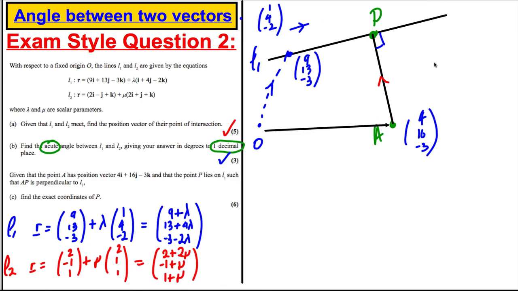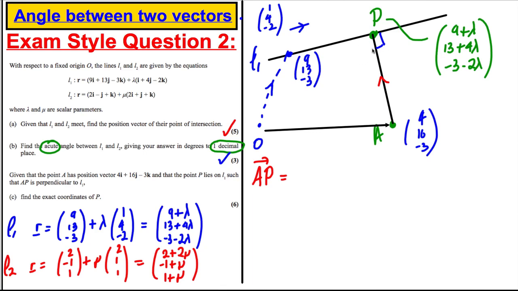So we have to work out the vector A to P. Now P is a point on the line, so any point on the line is of the form 9 plus lambda, 13 plus 4 lambda, and negative 3 subtract 2 lambda, for some lambda. That's true for P.